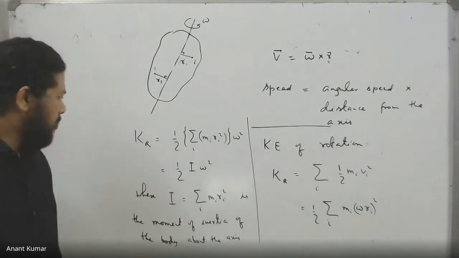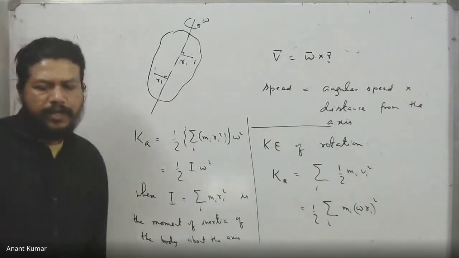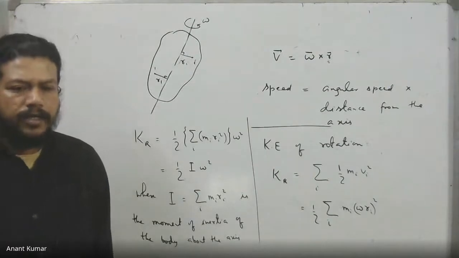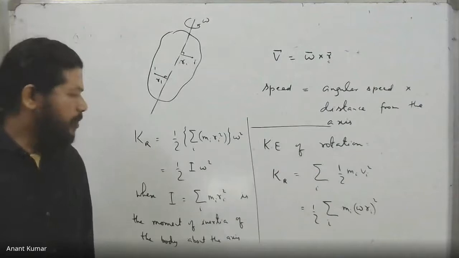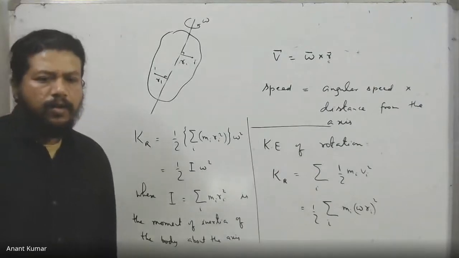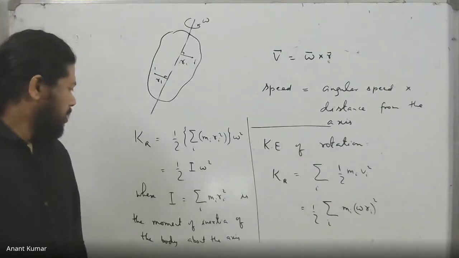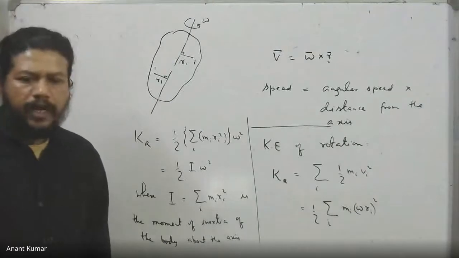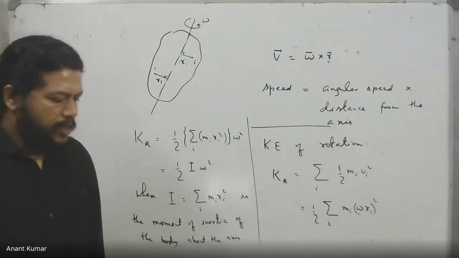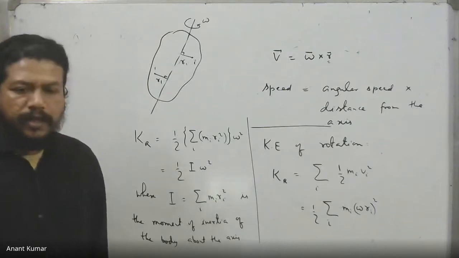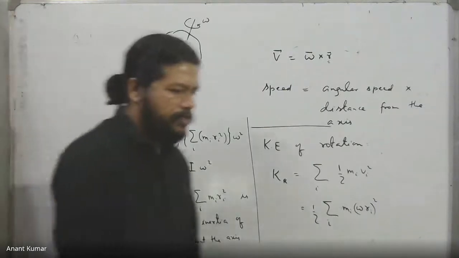I have denoted by ri the perpendicular distance from the axis. So this particular summation, where I multiply each point mass by the distance squared from the axis and sum it up, is referred to as the moment of inertia of the body about the axis. It's a kind of inertia of rotation, pretty much like the linear inertia. Inertia usually characterizes mass.